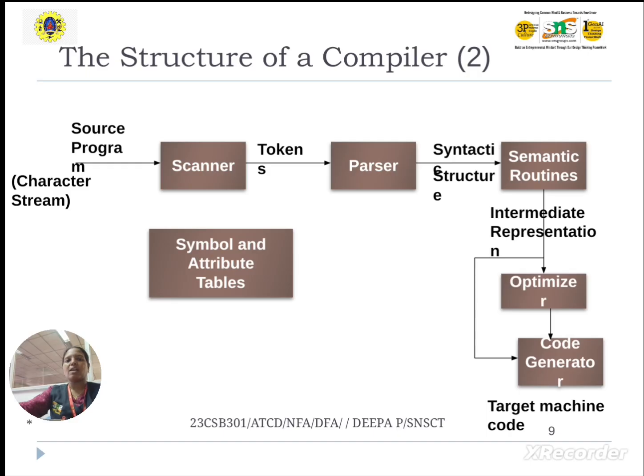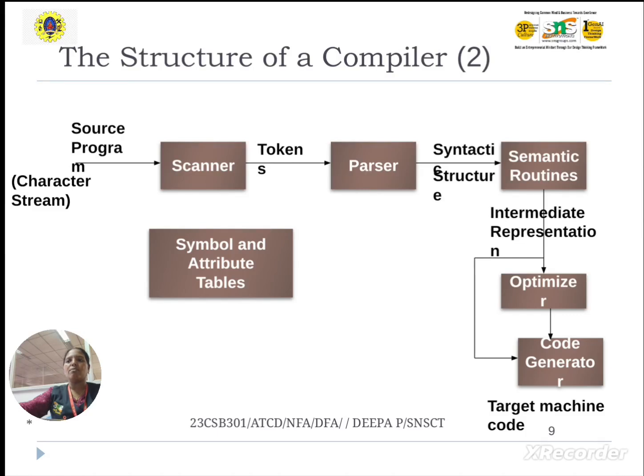In this, we also have the scanner, parser, semantic routine, optimization, and code generator, using symbol tables, such as pure machine code for an embedded system, augmented machine code that works with the operating system, or virtual machine code like Java bytecode, which can run on multiple platforms.